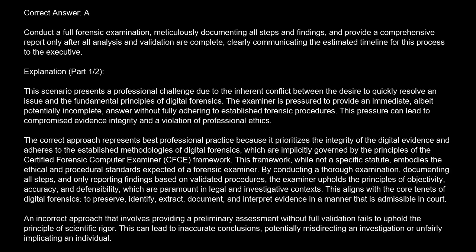By conducting a thorough examination, documenting all steps, and only reporting findings based on validated procedures, the examiner upholds the principles of objectivity, accuracy, and defensibility, which are paramount in legal and investigative contexts. This aligns with the core tenets of digital forensics: to preserve, identify, extract, document, and interpret evidence in a manner that is admissible in court.